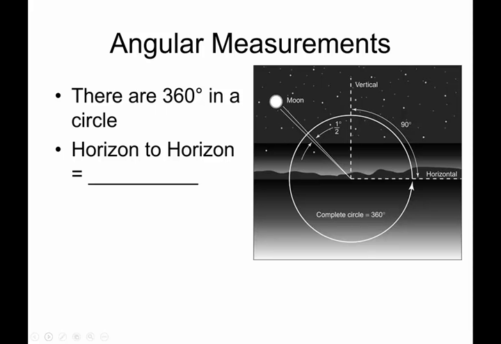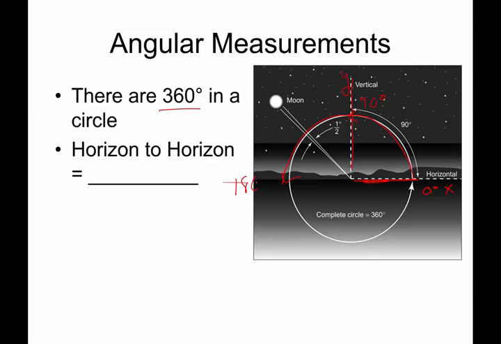As you recall from what you've studied in math, there are 360 degrees in a circle. So if I start here at the 0 degree point on the x-axis, remember xy axes in math class, this is 0. You go up, you get 90 degrees. You go all the way to the other horizon, how many degrees is that going to be?